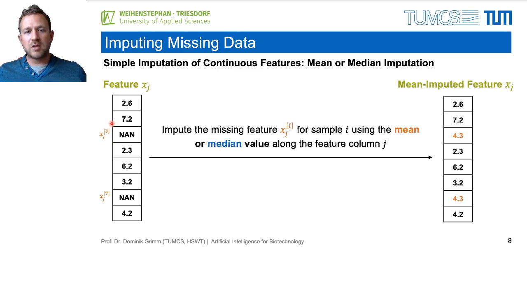Another simple imputation strategy for continuous features is not using the most frequent value, but using the mean or the median. For example, here we have some continuous values. Again, here sample 3 and sample 7 are missing. And then we could impute these values by computing the mean along this column and then replacing the None values by the mean or the median, which we have done here.